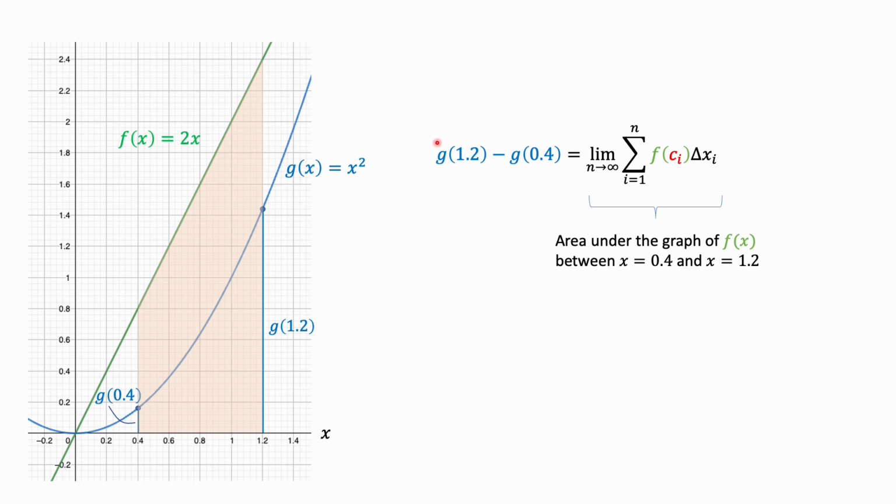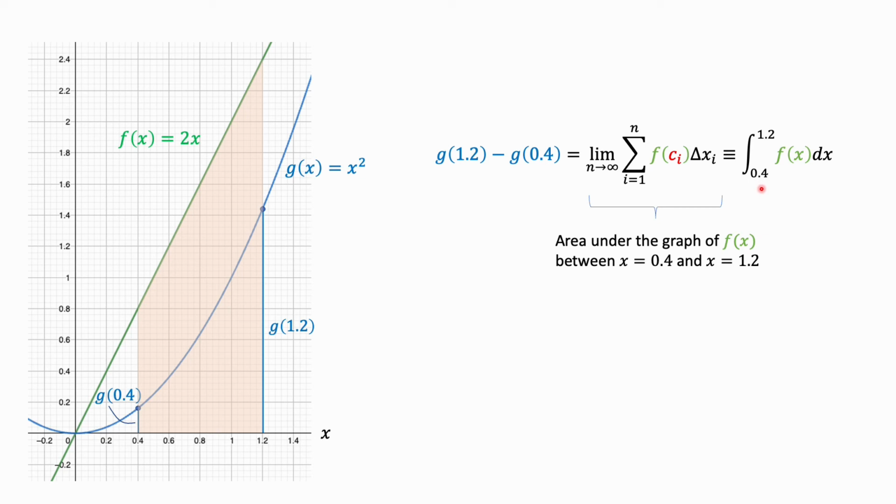If you take the difference in the value of a function g between 2 points, this is the same thing as the area under the derivative of g between the same 2 points. And this area under the curve is represented as a definite integral.